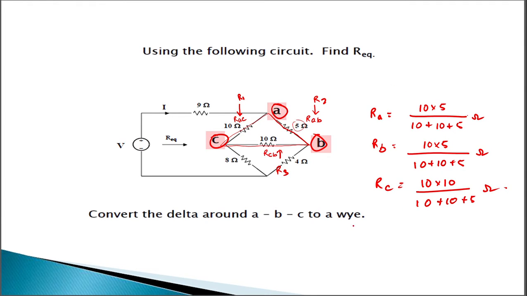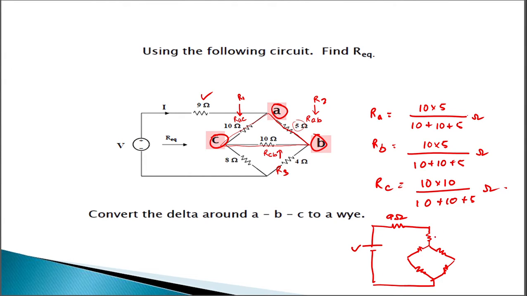So this is the conversion of this delta into a star. How will it look after the conversion? So this is the resistance of 9 ohm over here, and we have performed a conversion over here, and now we have the circuit resistances like this, and this completes the circuit.